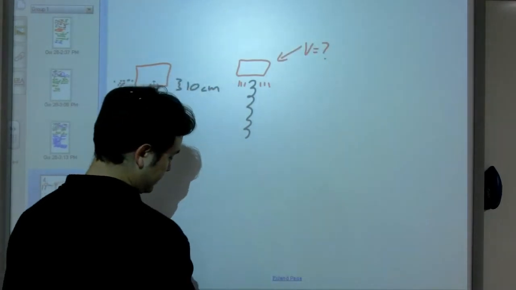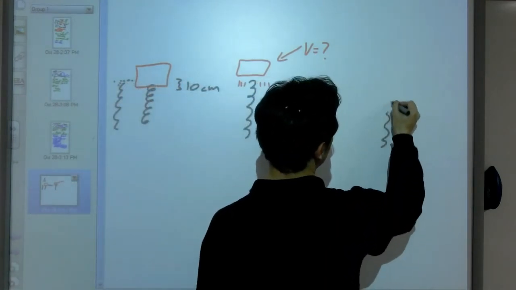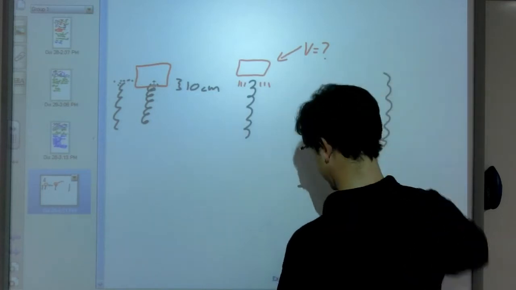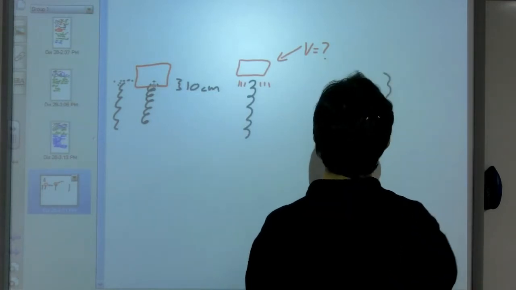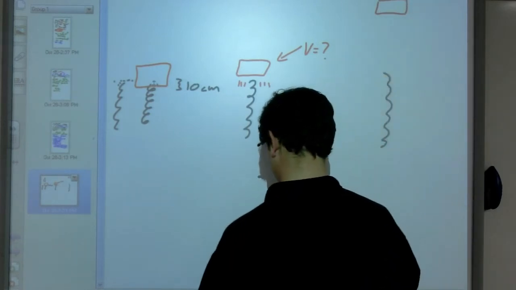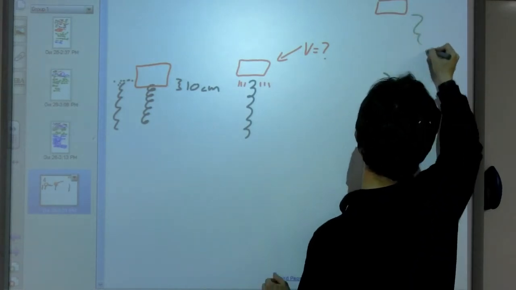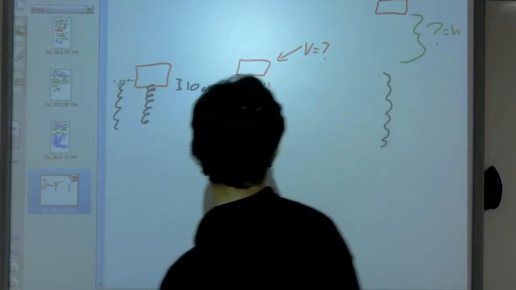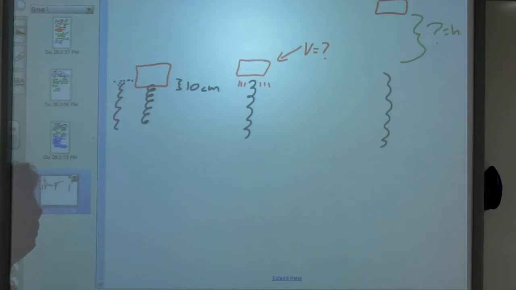And then finally, when it goes up, what's the highest point, my final height there? How high does it go up?